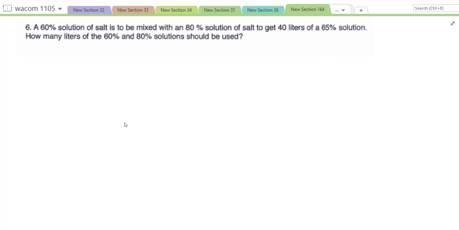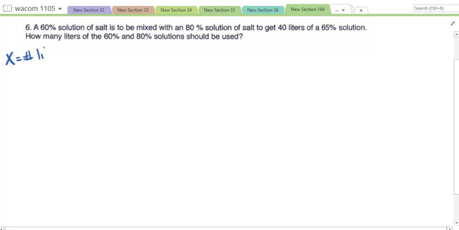So you're going to set up with two equations. One equation is going to have your total number of liters. The second equation is going to have your percentages. Right? So we're going to use two variables. We're going to let one variable equal the number of liters of 60%.